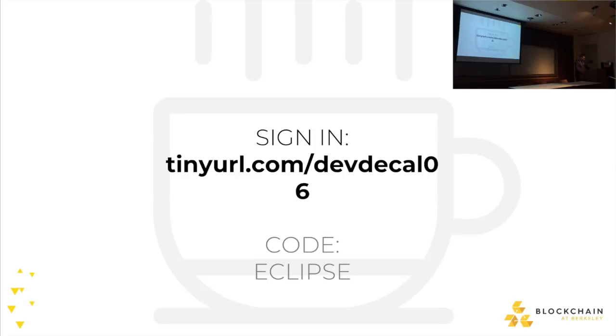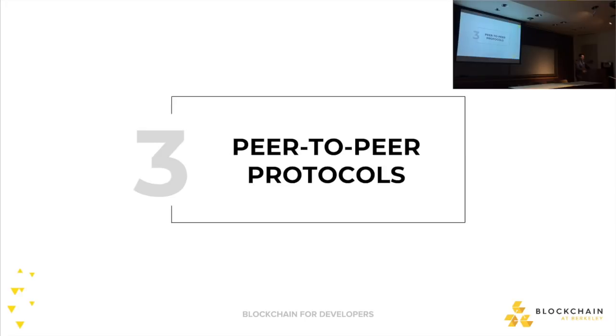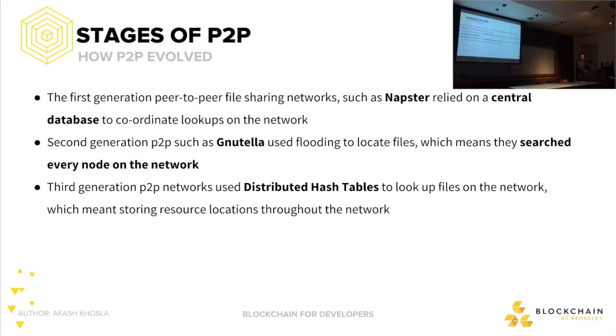I'm going to be talking more about protocol related stuff to Ethereum, and also the general field of peer-to-peer protocols. I think it's very important to know. So we talked about Napster. It relied on a centralized database, and that was the first generation of peer-to-peer file sharing networks. Then we had the second generation, which was Gnutella, and that would use flooding to locate files.